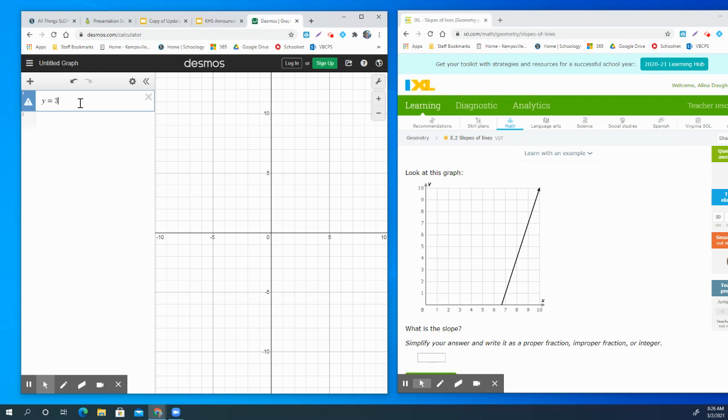Y equals 3x minus 2. And then you can find the slope that way.